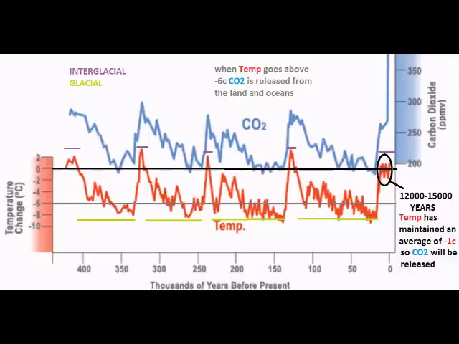I can't understand why they seem to be anti-human in their approaches. First of all, we know that 99.8% of the carbon in our atmosphere is caused by natural causes, emitted from the oceans and the land. We put less than 2% in.